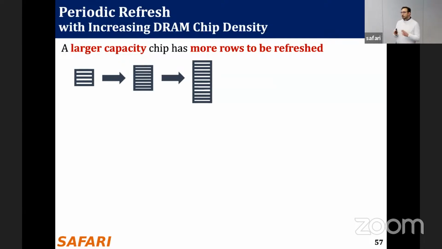So internally, what happens within the DRAM array is identical from a row's perspective, right? When you send an activation, you activate the row, you connect the bit lines, and you make your sense amplifiers amplify the signal on the bit line and restore the charge back and then precharge it. And this is exactly what the refresh does.